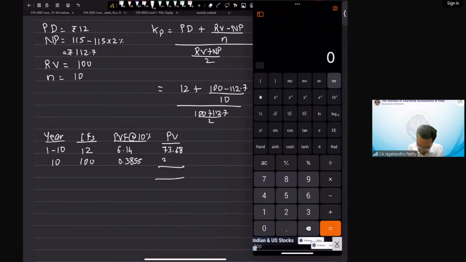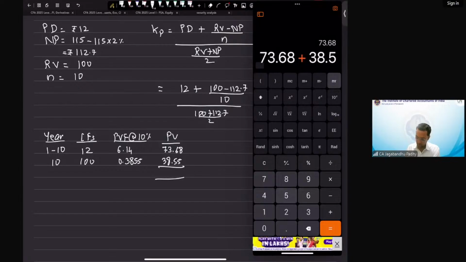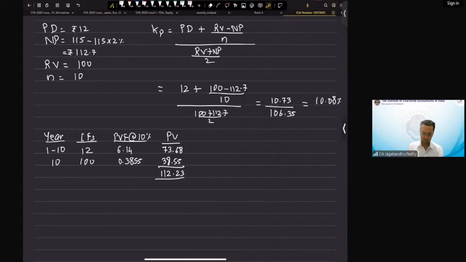And this is 38.55. So if you take a total, that's 73.68 plus 38.55, which is 112.23.